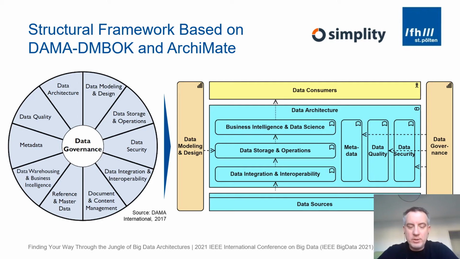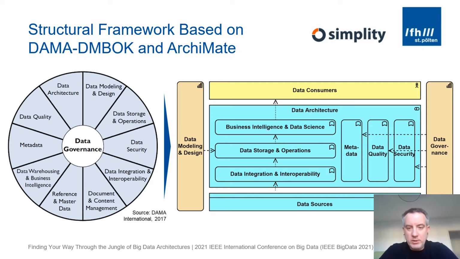There are many buzzwords that definitely you have heard before, such as logical data warehouse, data mesh, data fabric, etc. And in order to demystify those buzzwords a bit and provide a sound comparison based on a clear framework, we decided to use the elements of the DAMA wheel for data management from the DAMA DM book, as well as Archimate as a notation.